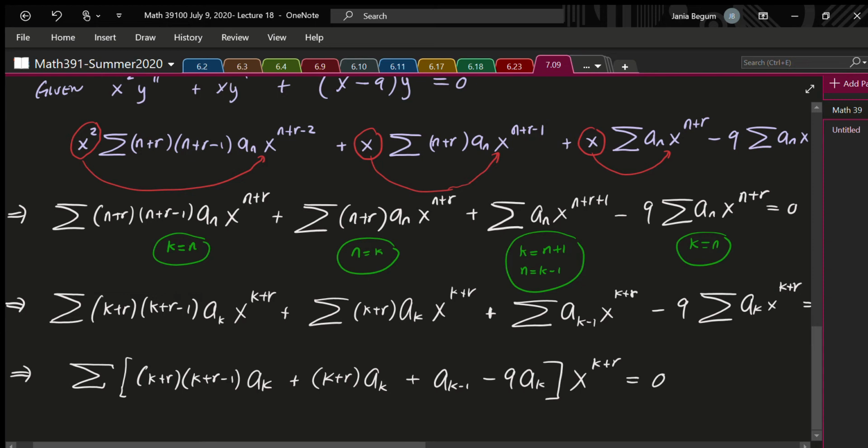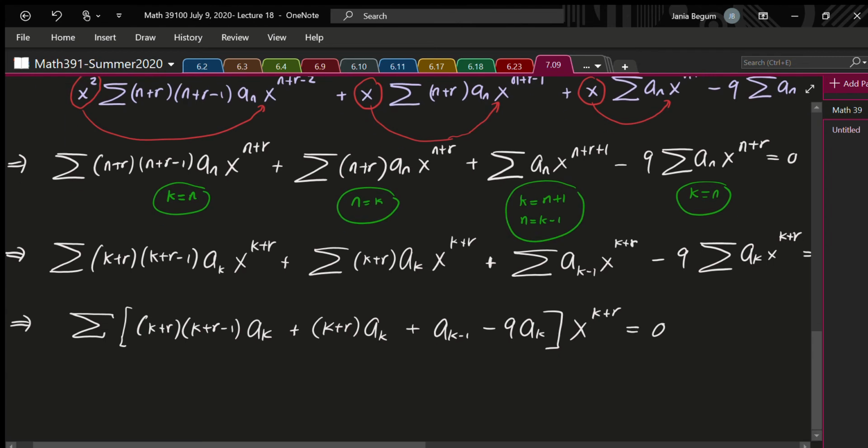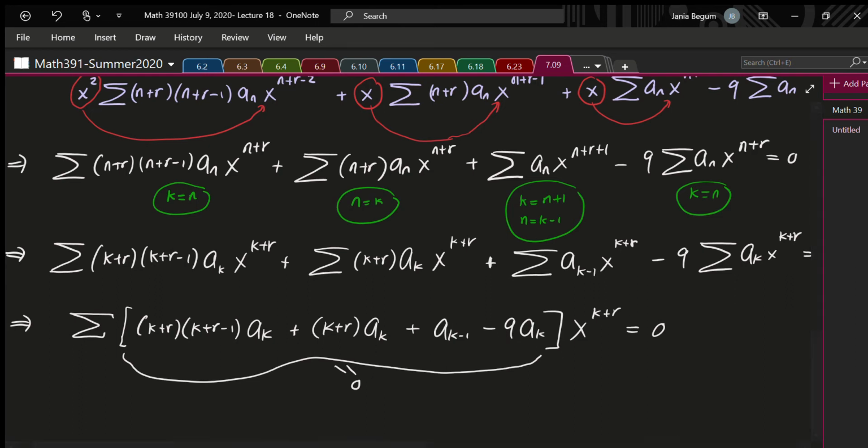So we're now ready to write down our recurrence relation. We want the coefficient of x to the k plus r to be 0, which is all of this. We want this to be equal to 0 so that we can solve for the highest subscript, and that will be our recurrence relation. The highest subscript on this is going to be a sub k.